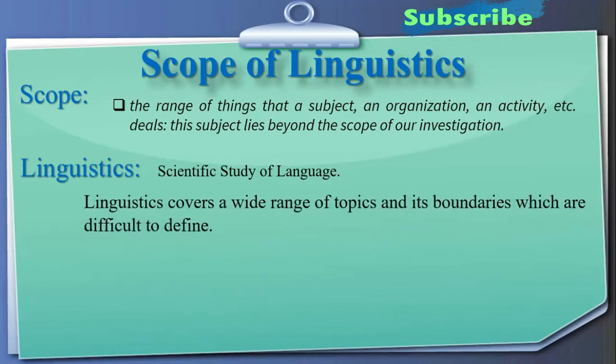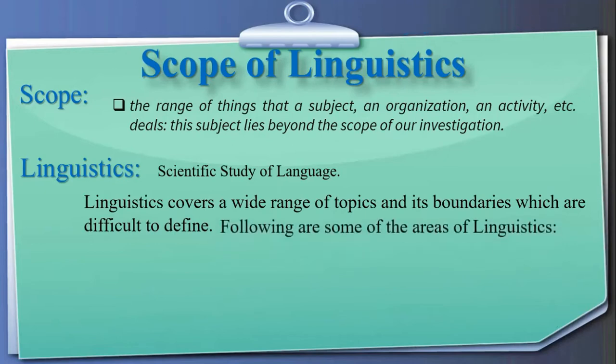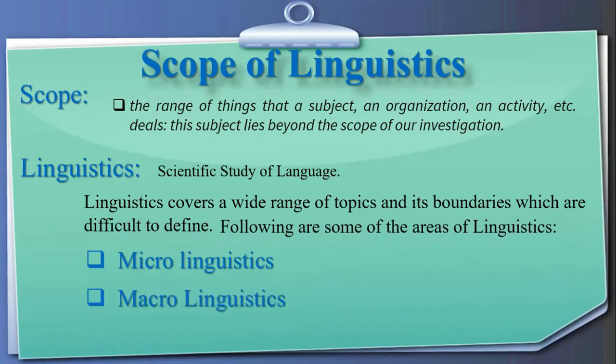Linguistics covers a wide range of topics, and its boundaries are difficult to define. Following are some of the areas of linguistics. When we talk about areas or scope of linguistics, it is extended to micro-linguistics and macro-linguistics.